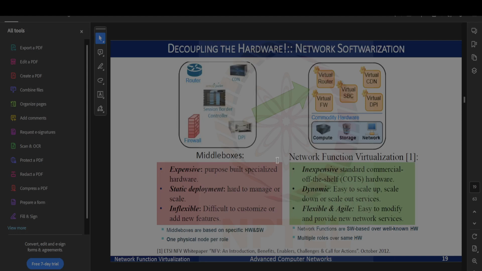So earlier how it was that we had a hardware, and in the hardware we had the firewall logic, and we had the hardware, right? It was a closed system. Now what we have is, we will have the firewall application, firewall app.